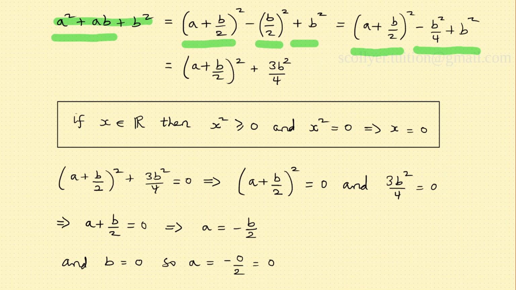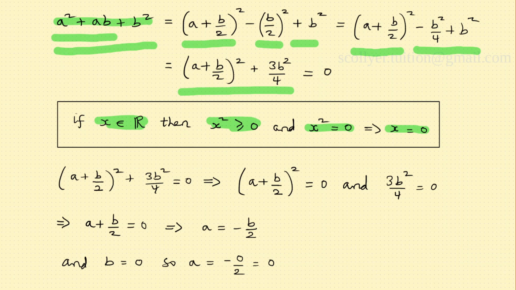Now the question is, can a squared plus ab plus b squared, which equals this expression, ever equal 0 for any values of a and b? To find out, we apply this key fact. If x is a real number, then x squared is greater than or equal to 0, and x squared equals 0 only when x equals 0.